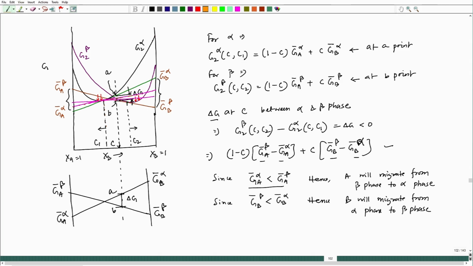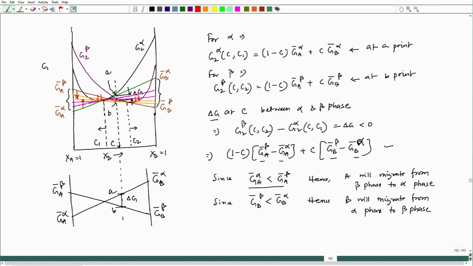So, that means this tangent will move downward and this tangent will move upward.